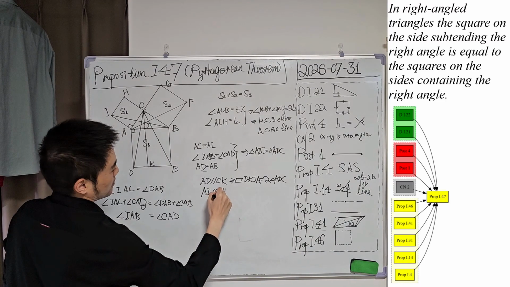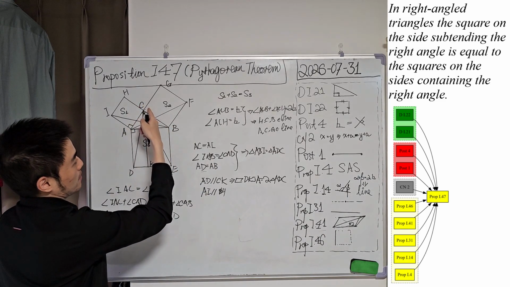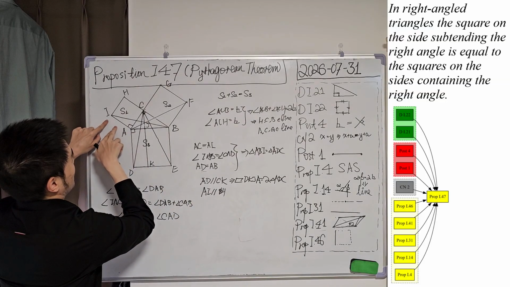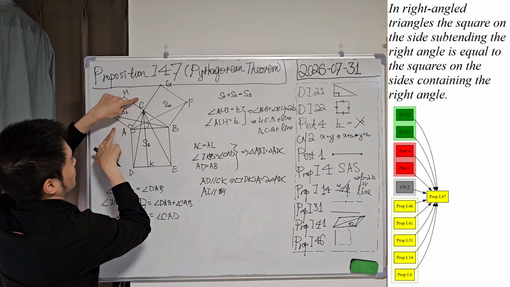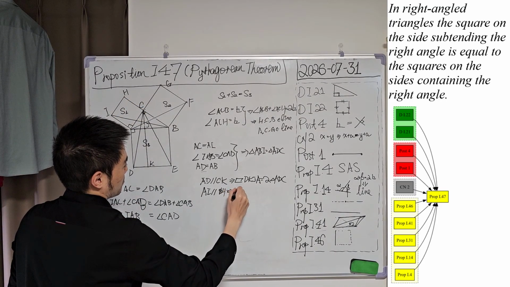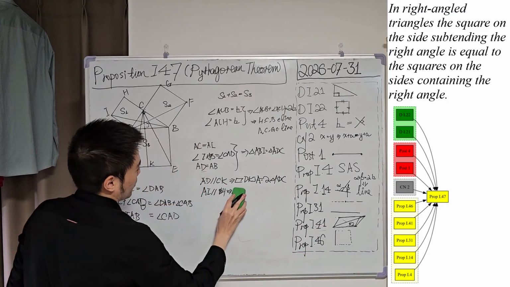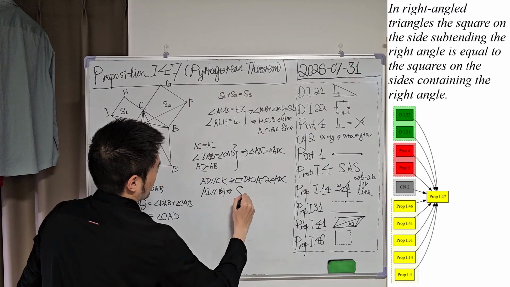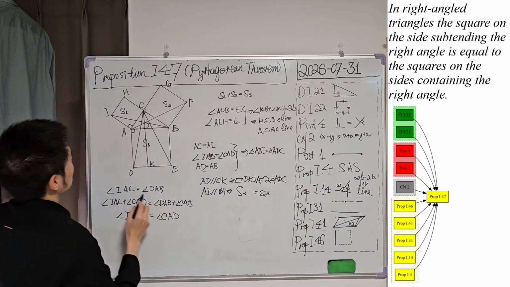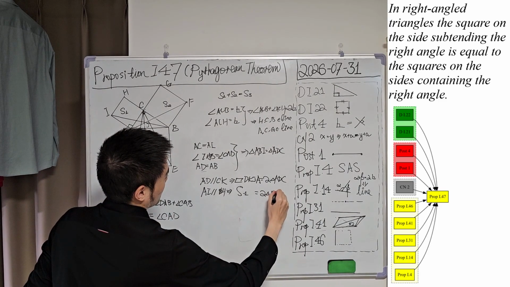Similarly, in these parallels, if we apply proposition 41 again, we know that AI is parallel to BH. Please pay attention to BH here. We have proved BCH are in the same straight line, so we can write it that way. Otherwise, we only know that AI is parallel to CH, but we don't know AI is parallel to BC. So the parallelogram, or simply the square, square 1, is equal to double the triangle AIB, correct?